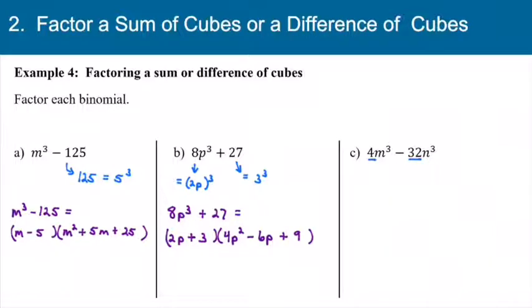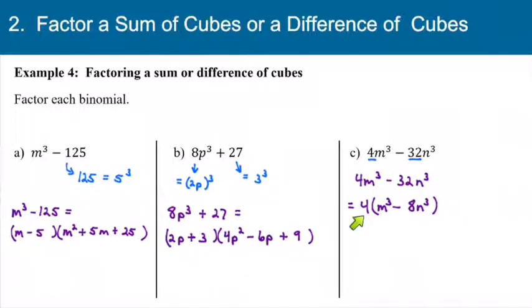So I'm going to write 4 in front of the parentheses and then have my binomial here. 4 times m to the third would make that first term, minus 4 times 8n to the third to make that second term. So just make sure you're satisfied that if you distribute the 4, it will go back and look like this again.